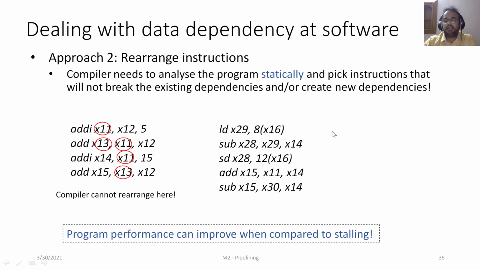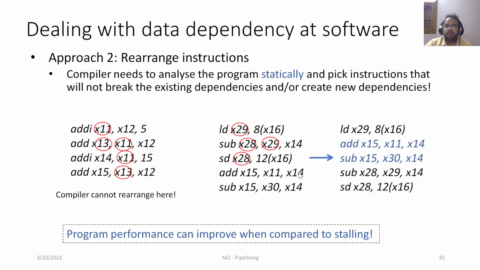If we look at the data dependencies, we have a producer-consumer relationship between the load and subtract instructions, and the subtract and store instructions also, right? And it so happens that instructions 4 and 5 are completely independent of instructions 1 to 3. So the best thing the compiler can do is to move instructions 4 and 5 and place them between 1 and 2.